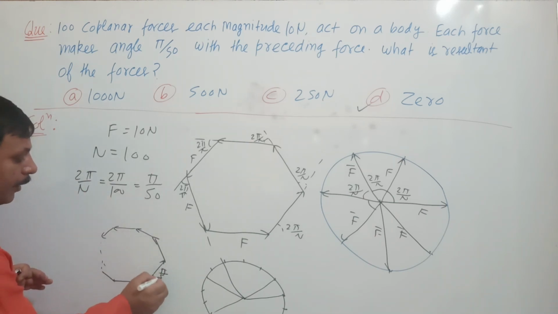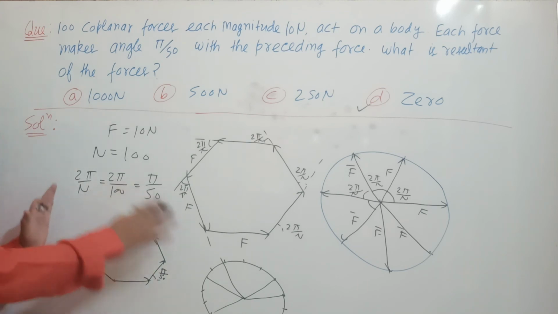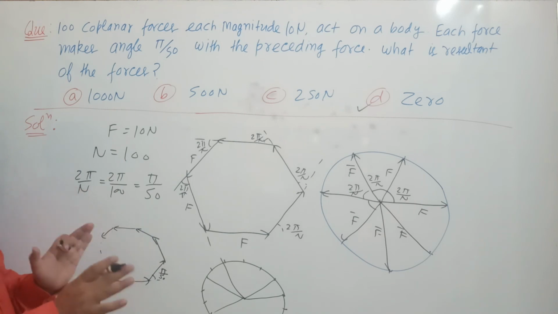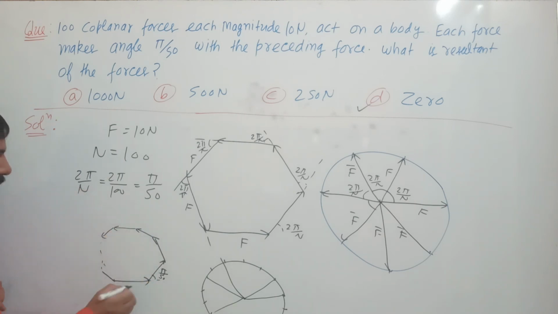The angle will be pi by 50, and the sides of this polygon will be 100, and if they are forming a closed polygon, what will the resultant be? The resultant will be 0.